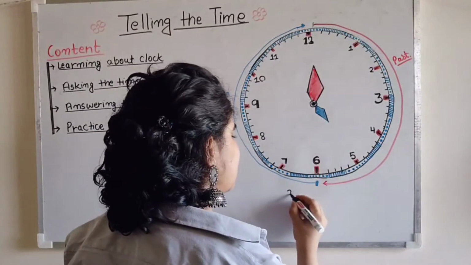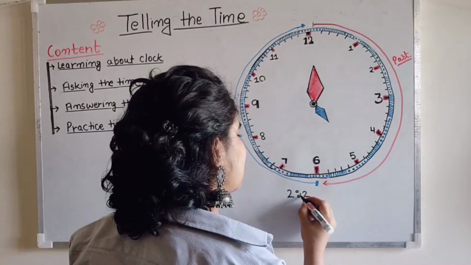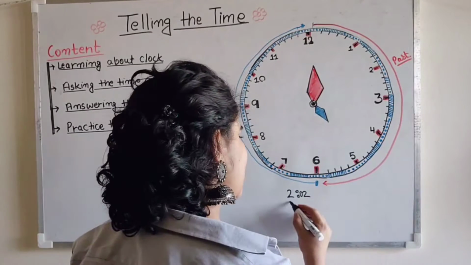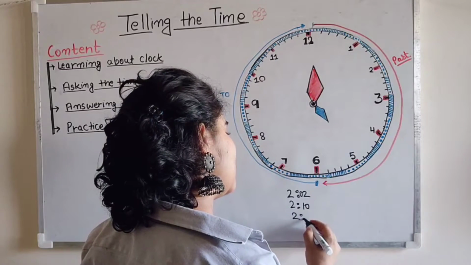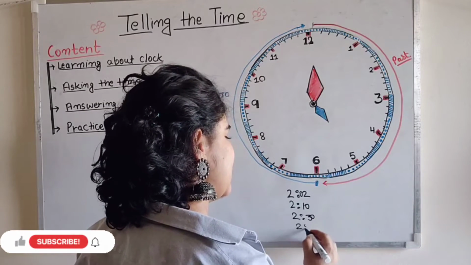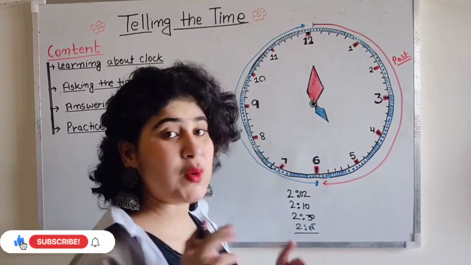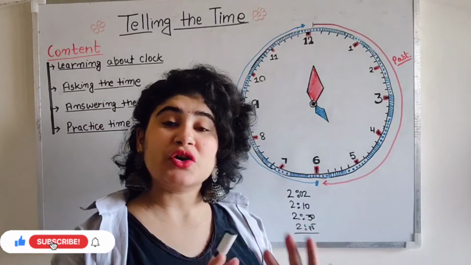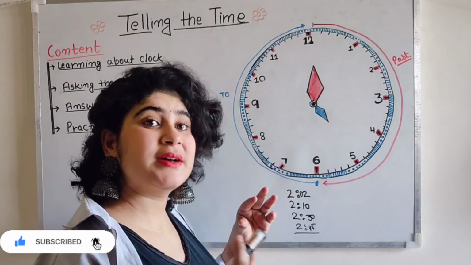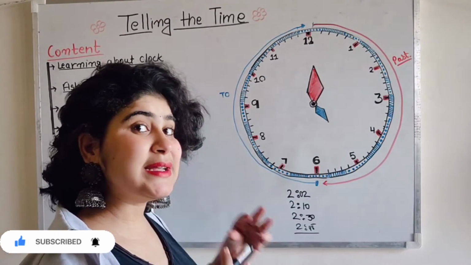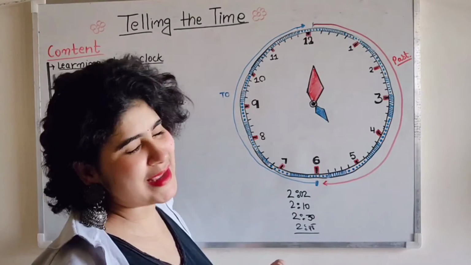For example, we call this 2:02, 2:10, 2:30 and so on. But there are a lot of expressions and phrases which help us to speak at an advanced level. So let's learn those phrases and expressions as well.